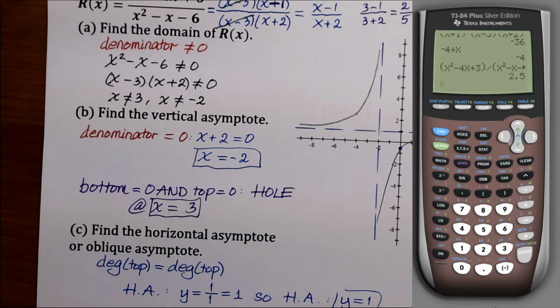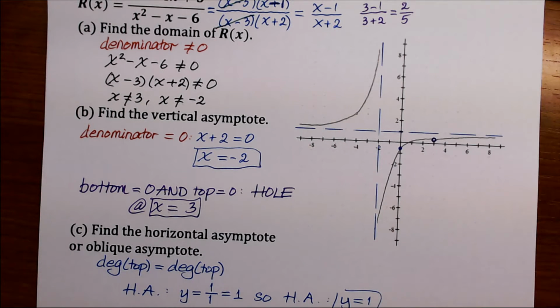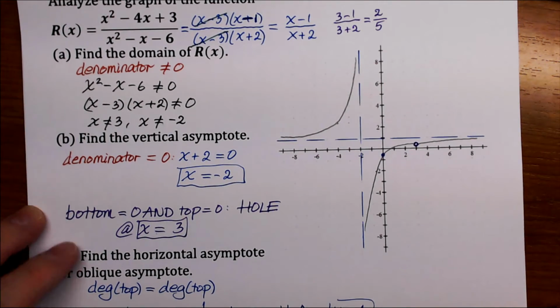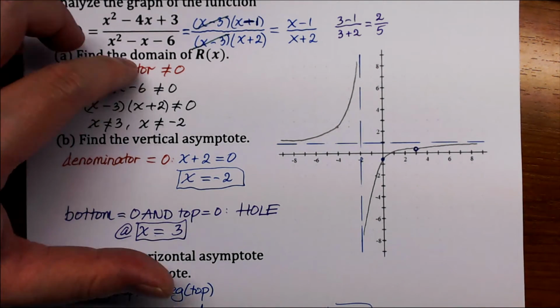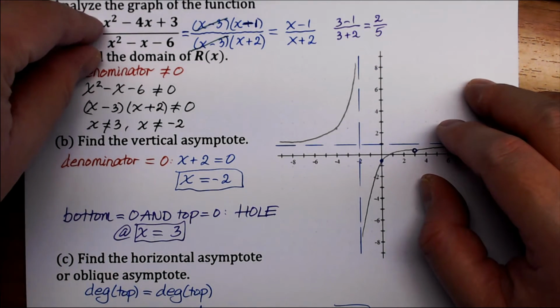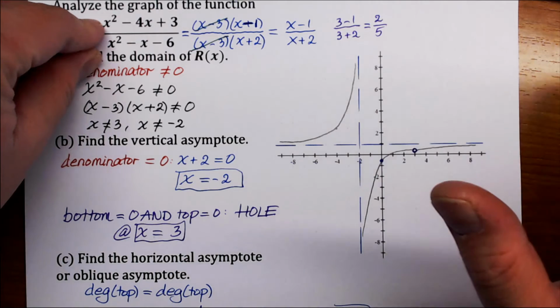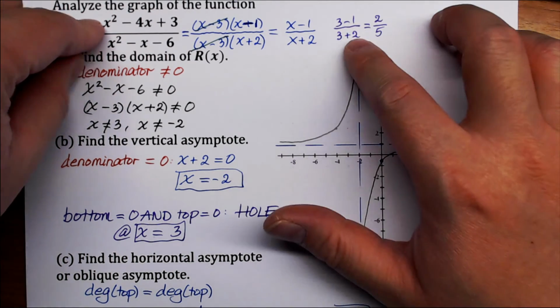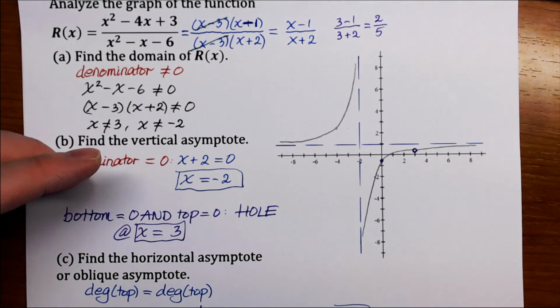Of course, we can also put that in the graphing calculator, but we do need to find all of these details. Once again, the denominator not equal to 0, where we find the domain, it has to be from the original function. Everything after that, we can use the reduced function, like the vertical asymptote, even horizontal asymptote.